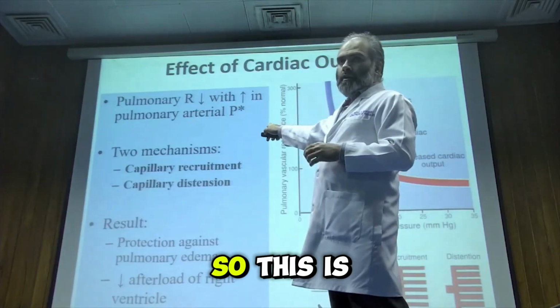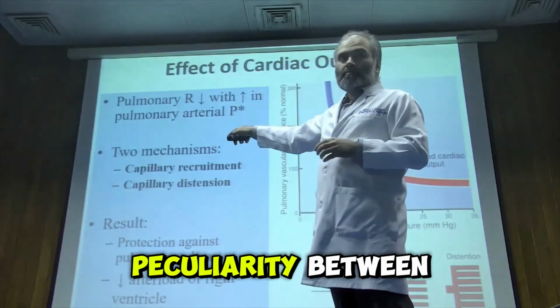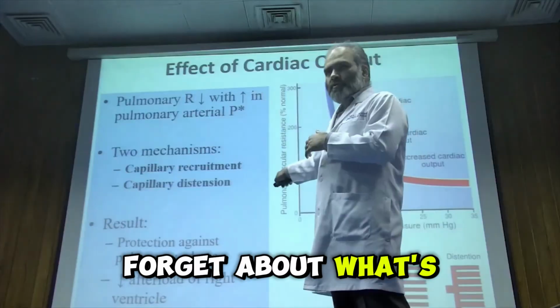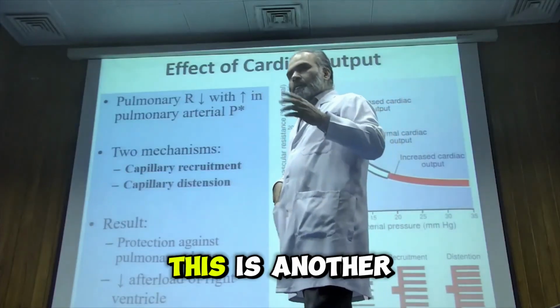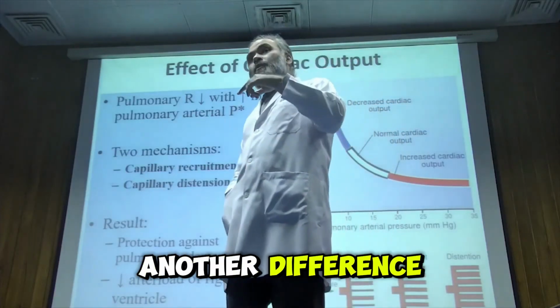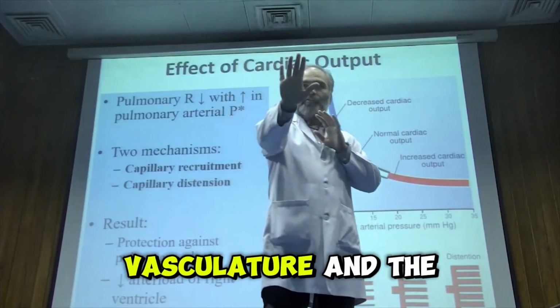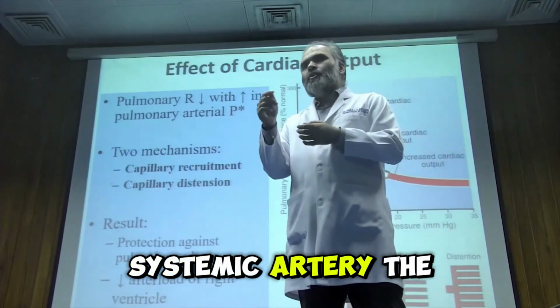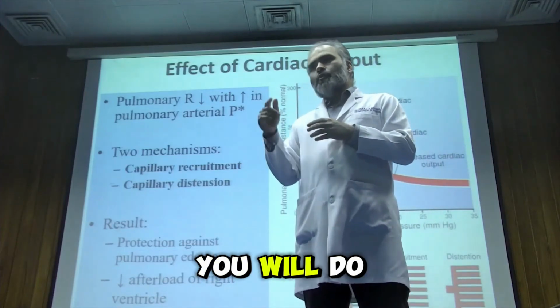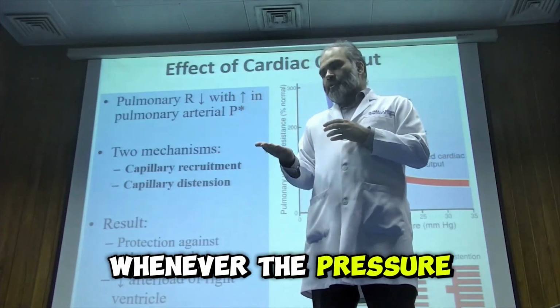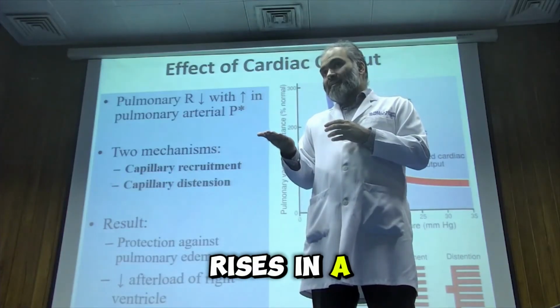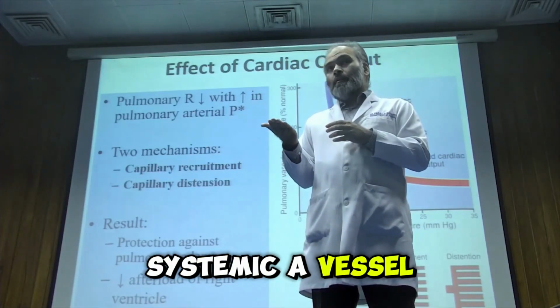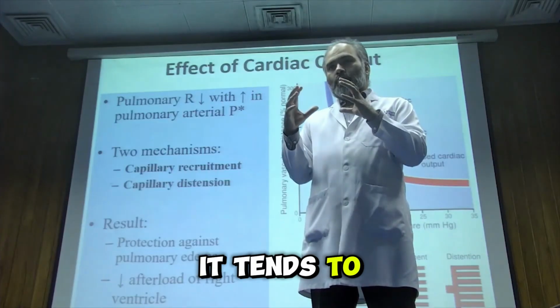So this is another peculiarity. Forget about what's here. Just listen to me. This is another difference between the pulmonary vasculature and the systemic vasculature. Whenever the pressure rises in a systemic vessel, it tends to contract.